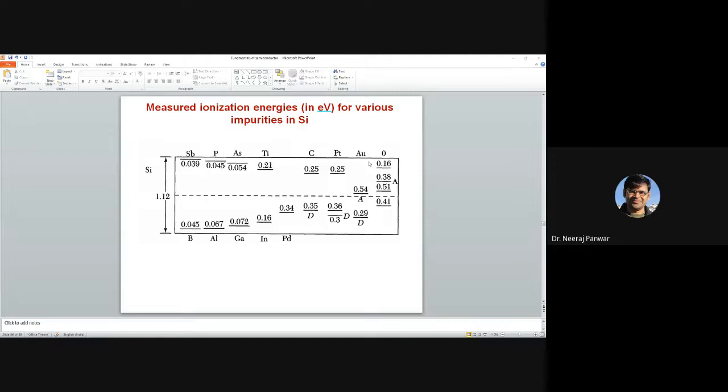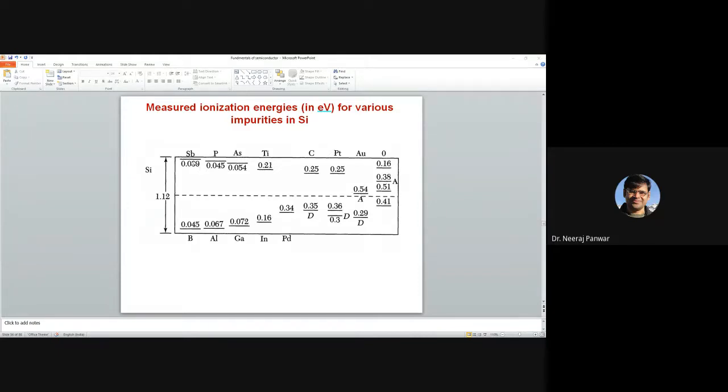So we have two types of impurity levels in the band gap. One is the shallow levels, whose energy is very small, and the other is the deep levels, which require a large amount of energy to get ionized.